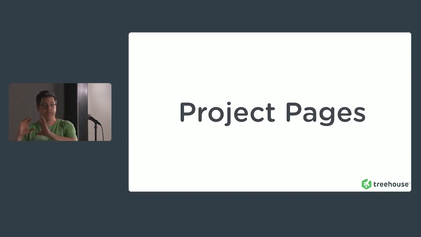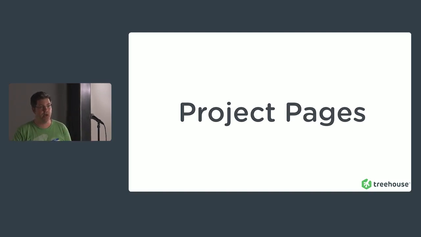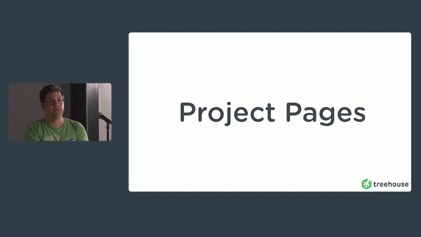So you can have one project you're working on is one repo, a different project is another repo. And each of those repositories can have its own website. So that's really cool if you're building, say, an open source piece of software and you've got it up on GitHub for people to see. You can have a little website that explains what it is, maybe demonstrates it, provides information, just like the getbootstrap.com site.